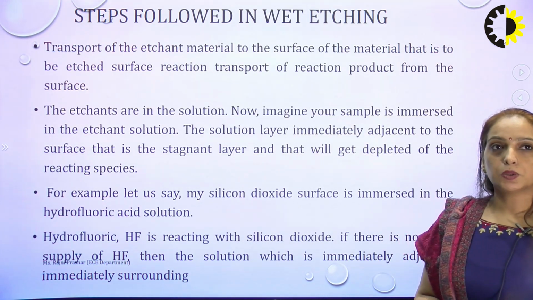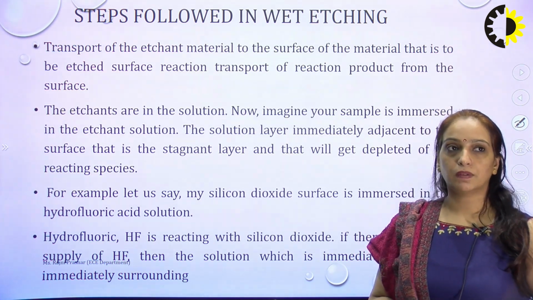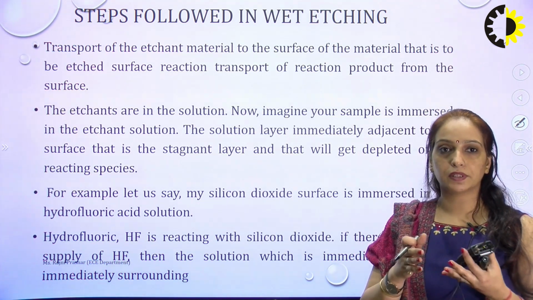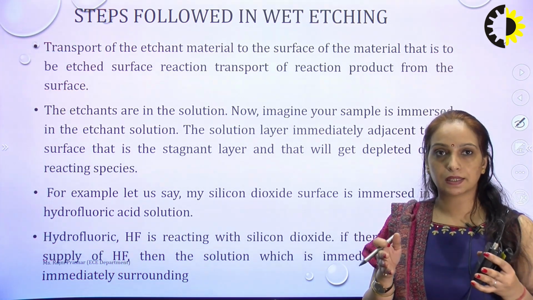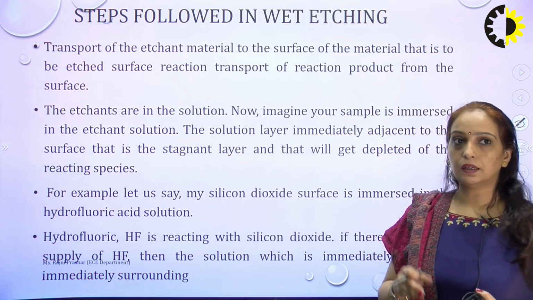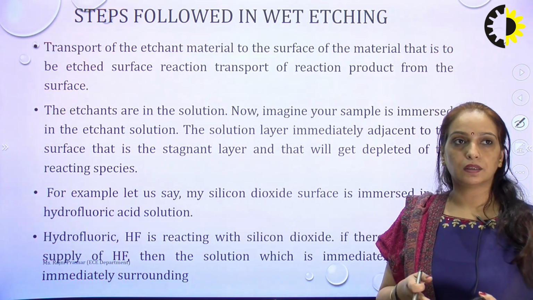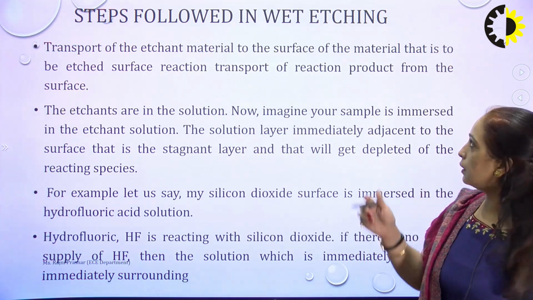So, the steps which we are going to follow in any wet chemical etch step, the first one will be transport. You need to have some liquid material which will work as an etchant solution, okay. So, the transport of etchant material to the surface, the surface where we need to etch something, it should be there, right.